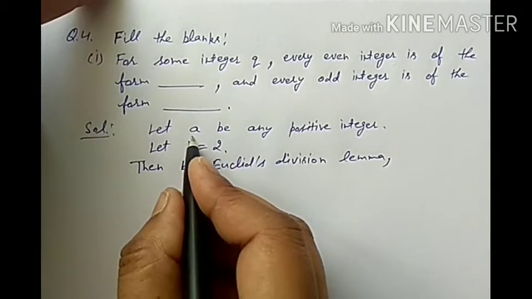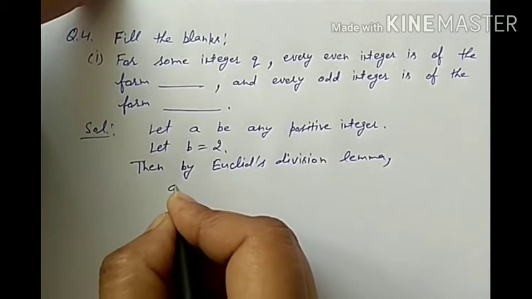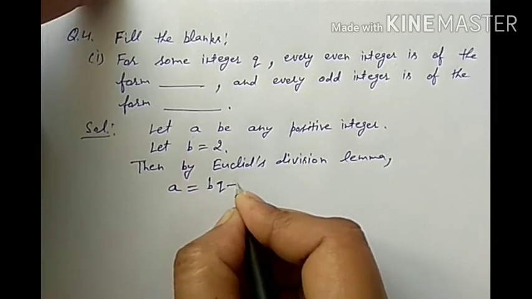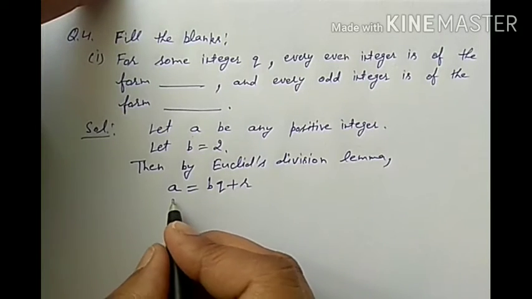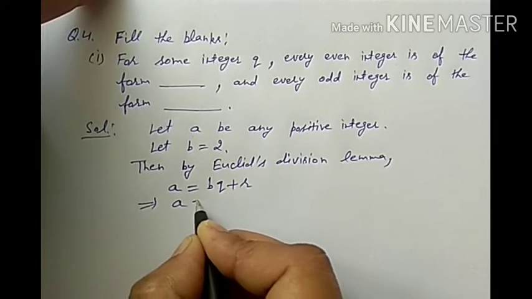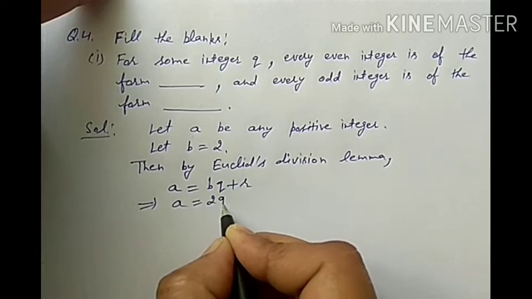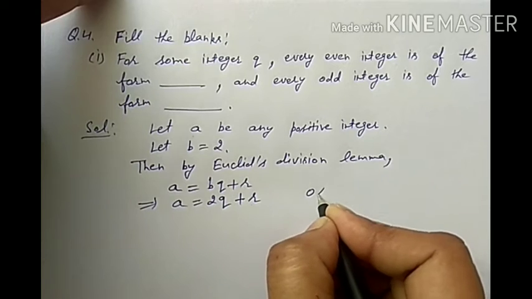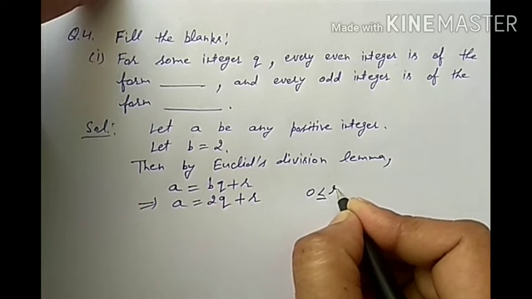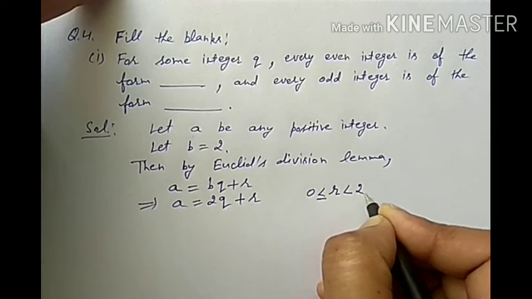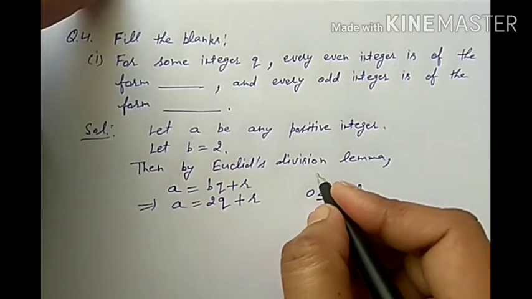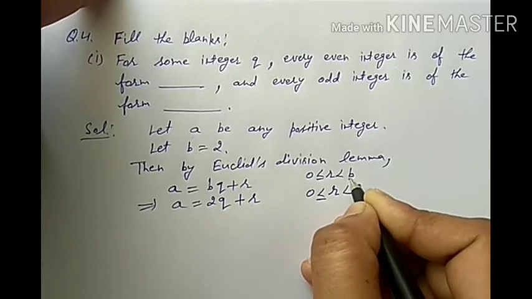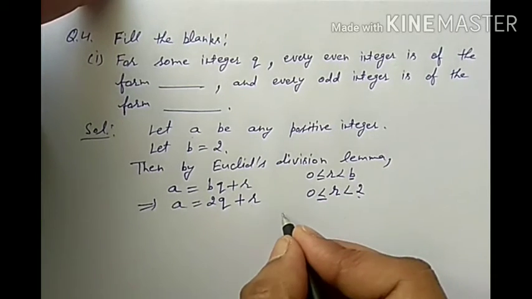when we divide a by 2, then a is equal to bq plus r by Euclid's division lemma. But here our b is equal to 2. So we get q as quotient and r as remainder, where r is greater than or equal to 0 but less than 2, because r is always less than the divisor.